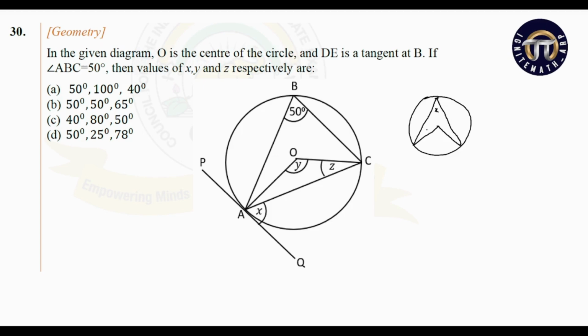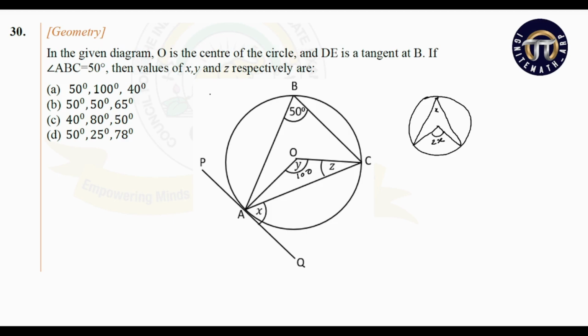If this is X, this angle is going to be 2X. So here, if we consider AC as the arc, ABC is 50 degree, therefore AOC is supposed to be 100 degree. So Y should be 100 degree.